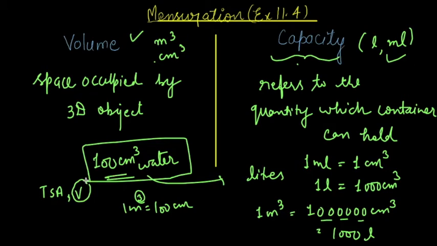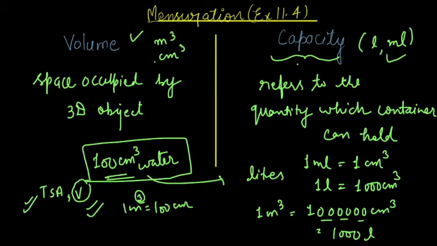Second part, how many bags are required to plaster that. Of course you need to calculate the surface area, then only you will get to know how many bags will be required. And if it says to find the number of smaller tanks that can be filled with the water from it, again we are talking about capacity, so we will again calculate the volume. So this was question number 1 of this exercise.